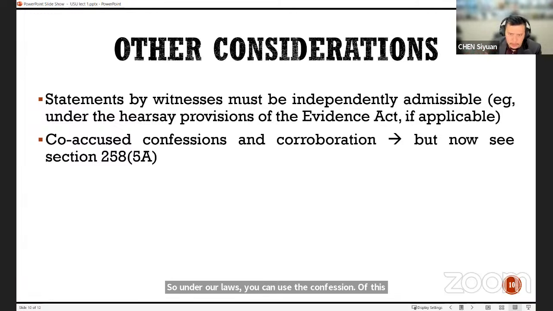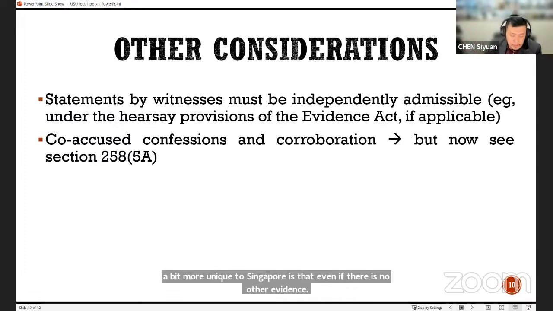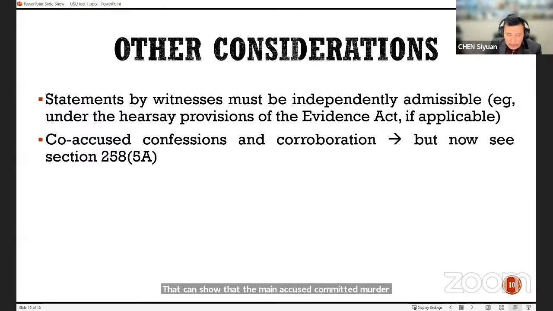And that's not extraordinary or unique to Singapore. I think in any jurisdiction, you can do that. What's a bit more unique to Singapore is that even if there is no other evidence that can show that the main accused committed murder, there does not need to be any corroboration. In other words, you can convict solely on the confession of another person if it's a confederate, right?